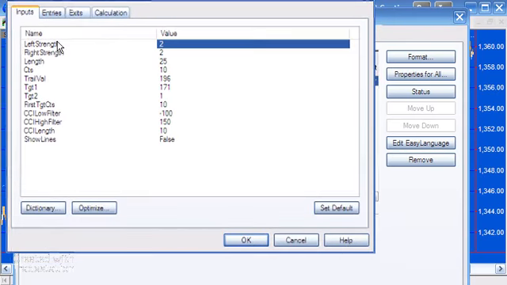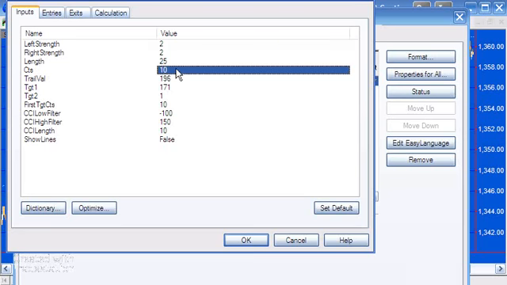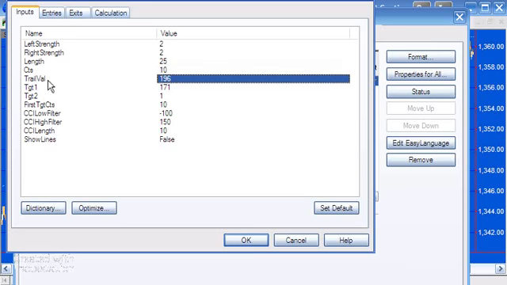So the first three, left strength, right strength and length, are used to determine the CCI pivots using the standard TradeStation pivot function. CTS, this is the number of contracts that we buy or sell. Trail val, this is a user input that determines how close or how far the trailing stop is located.